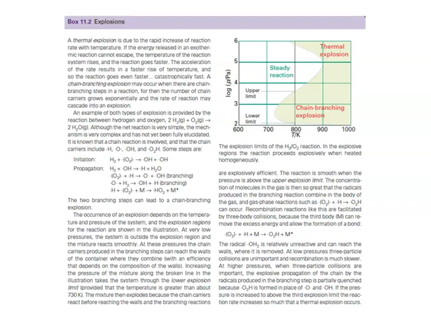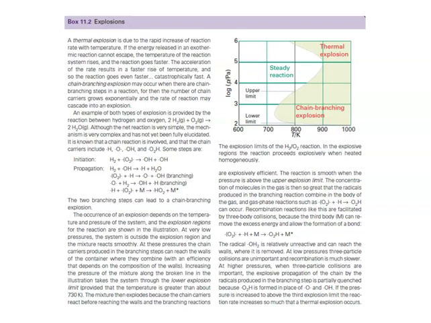The occurrence of an explosion depends on the temperature and pressure of the system, and the explosion region for the reaction is shown in the illustration in the top right corner here. At very low pressures, the system is outside the explosion region and the mixture reacts smoothly. At these pressures, the chain carriers produced in the branching steps can reach the walls of the container where they combine with an efficiency that depends on the composition of the walls.